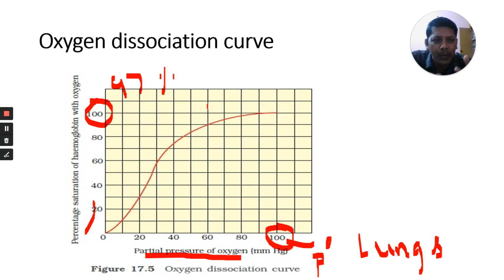Each hemoglobin molecule can bind with 4, completely saturated. When the partial pressure of oxygen is around 100 mmHg, hemoglobin saturation is 97, or we can say 100 as per NCERT. Generally it happens at our lungs.